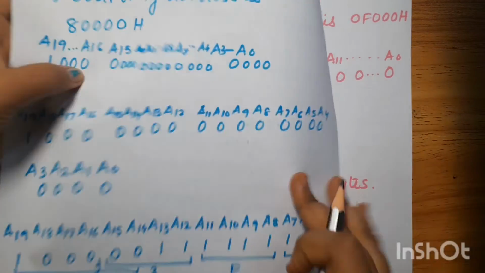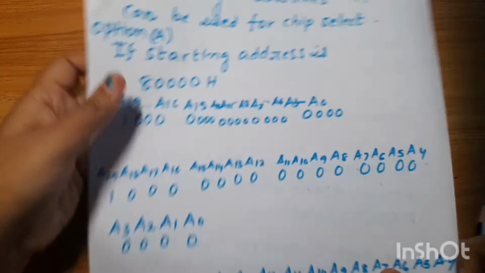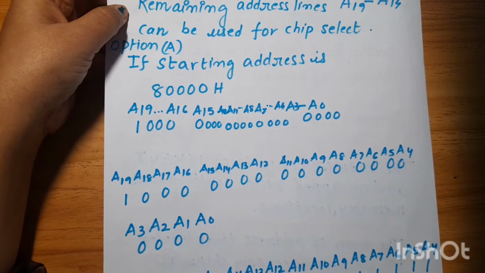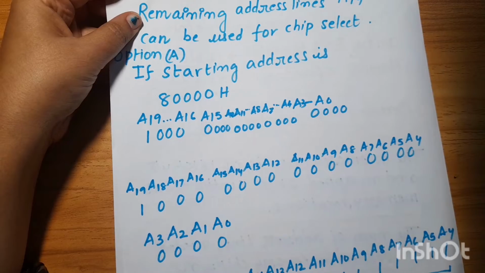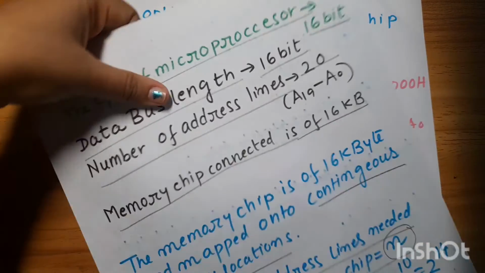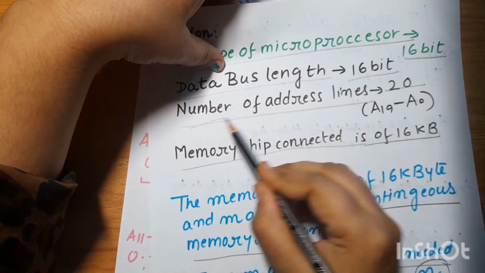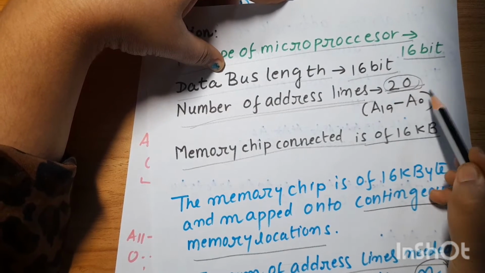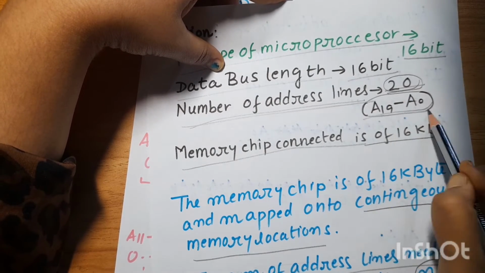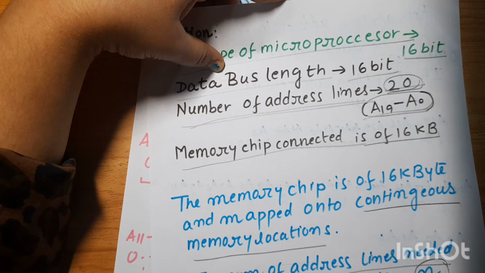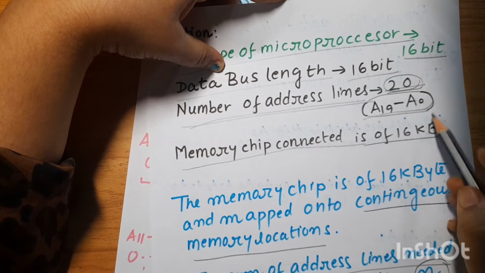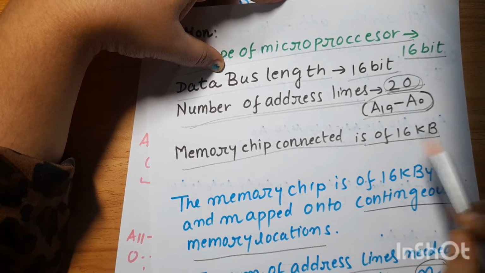So how many bits are remaining? The number of address lines for the microprocessor is 20, A0 to A19, and the number needed for the memory chip is 14. So the remaining are A14 to A19.